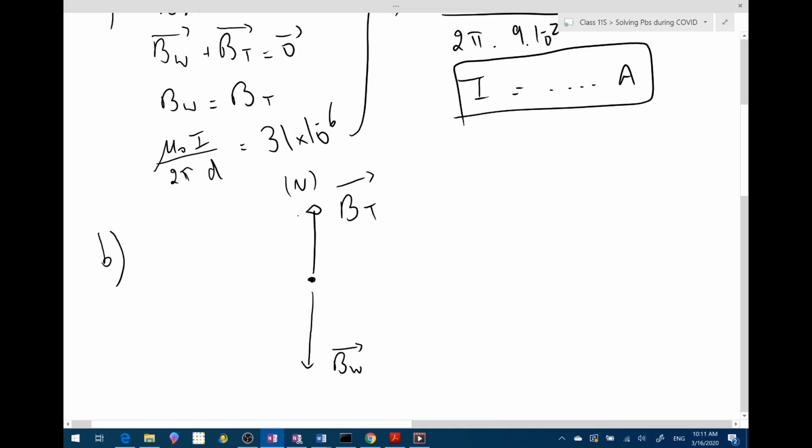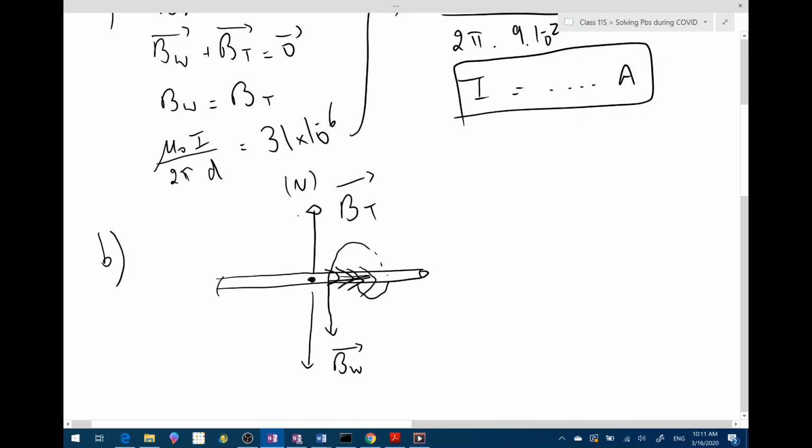We know that we have a wire that carries this current, and the wire must be placed as such. And the reason is, if the wire is placed as such and it carries a current from your left to your right, then if you follow the right hand rule, force your thumb to be carrying that current over here, and the magnetic field would spiral through and comes as such.